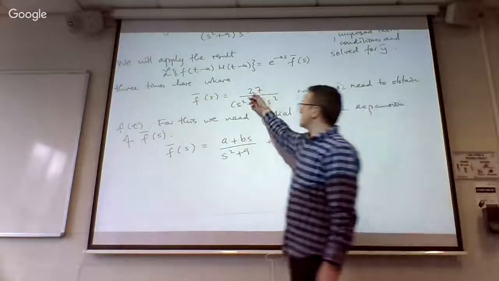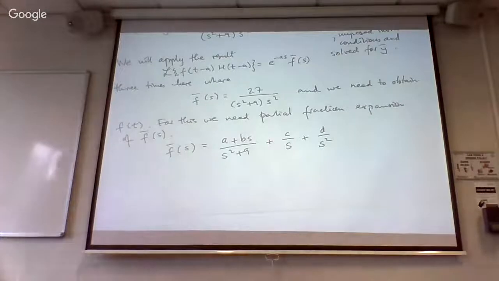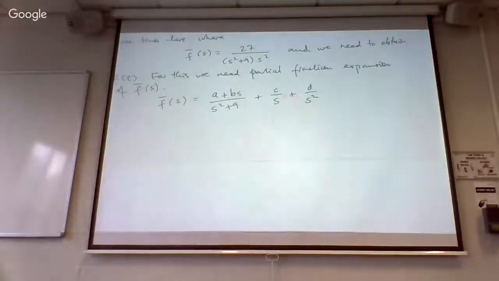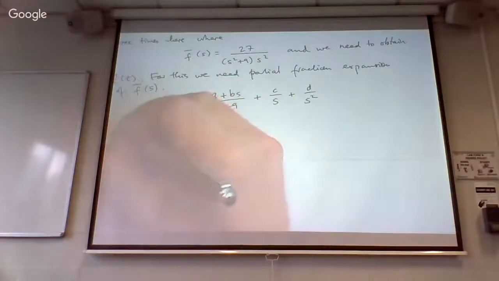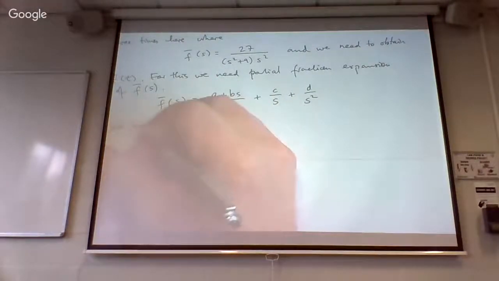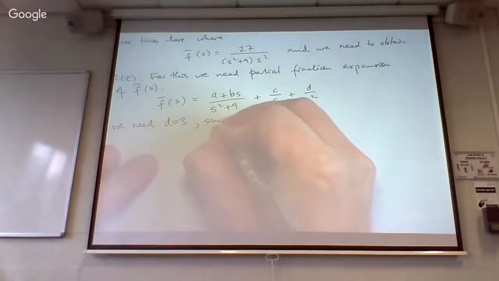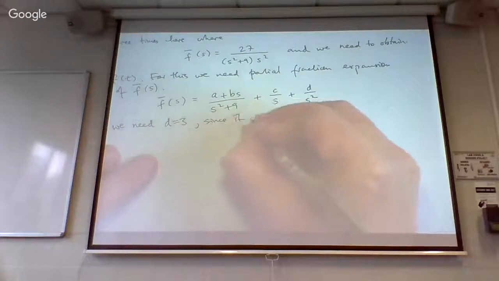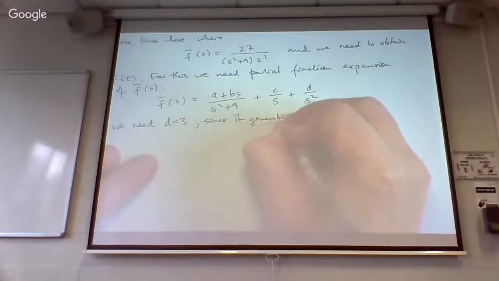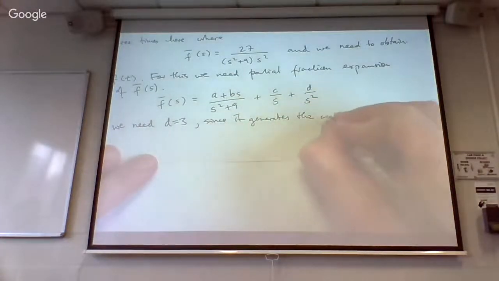So the only way to obtain the constant 27 is if d does the job. So d has to be equal to 3, since it generates the constant in the numerator.